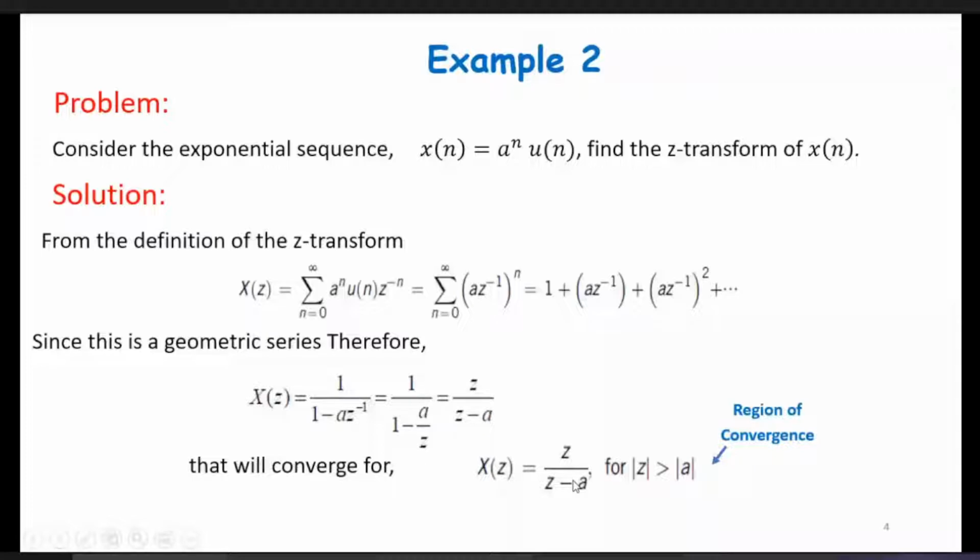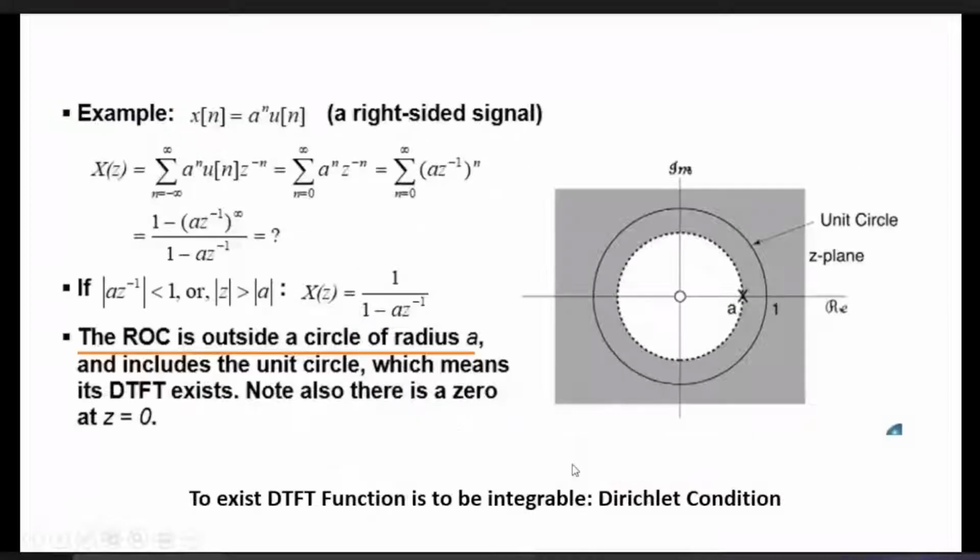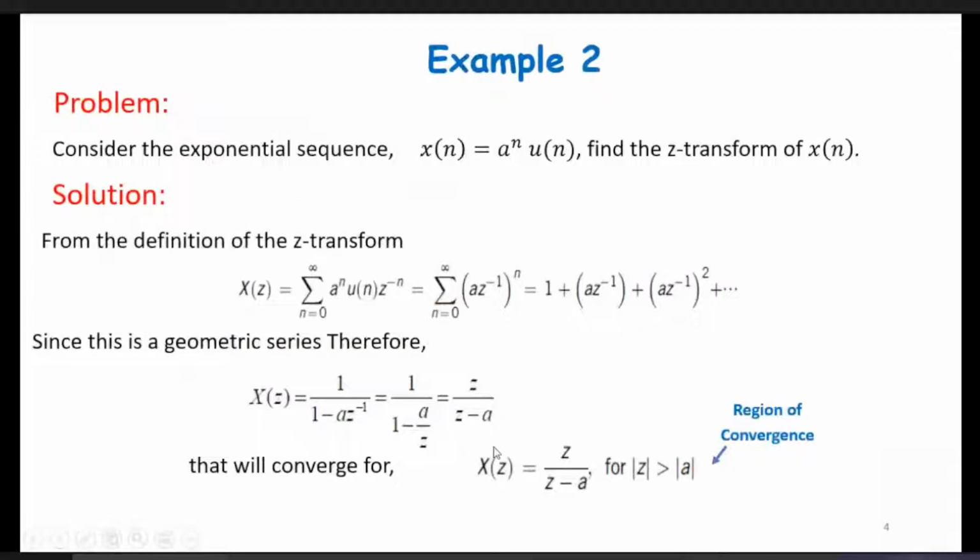Can you tell where the zero exists? The transfer function is z by z minus a. Any transfer function can be assumed as a ratio of a numerator and denominator.